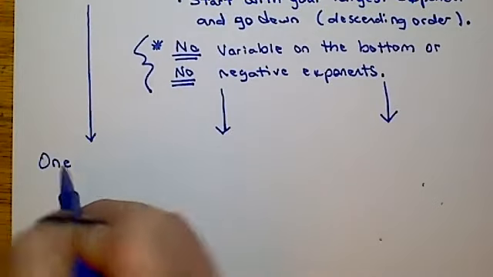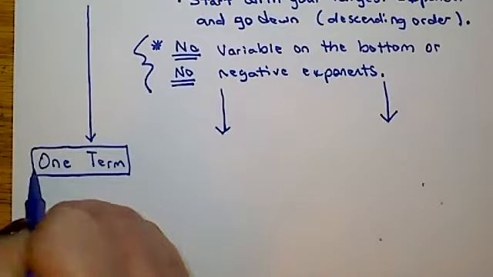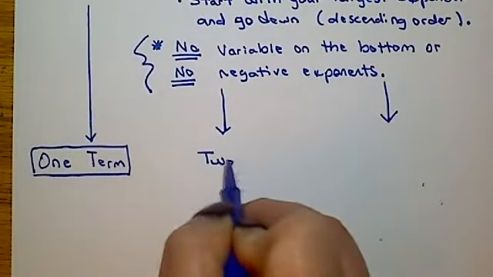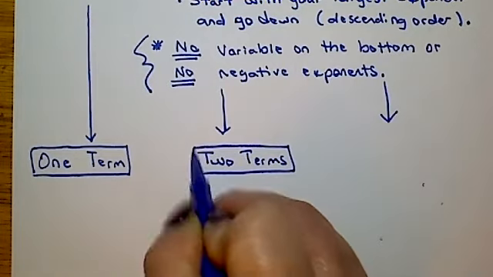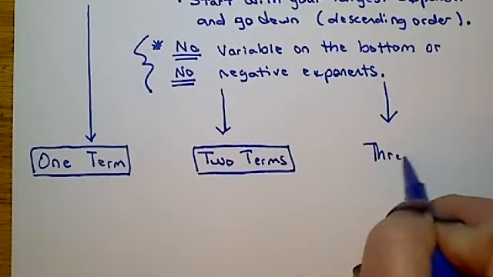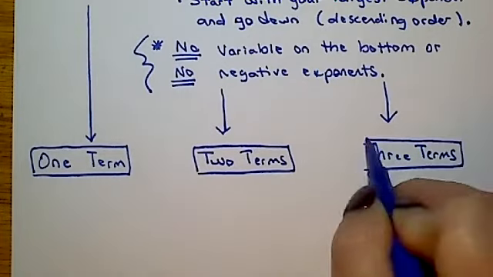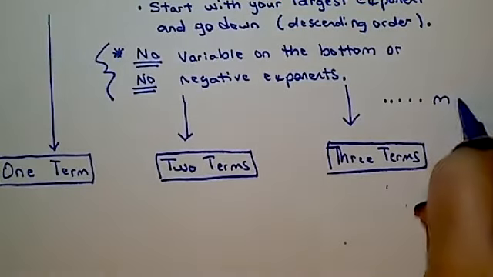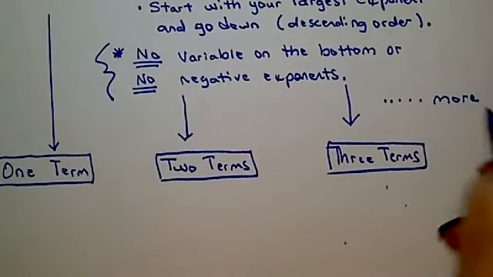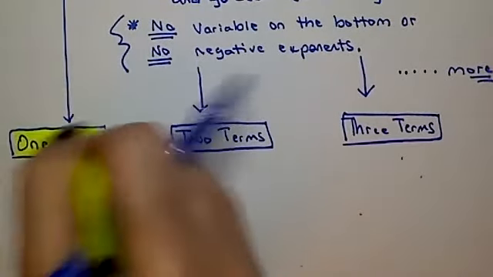So if you have one term, two terms, or three terms, and you can have more. Okay, so you can have more terms than three, but these terms have specific names.